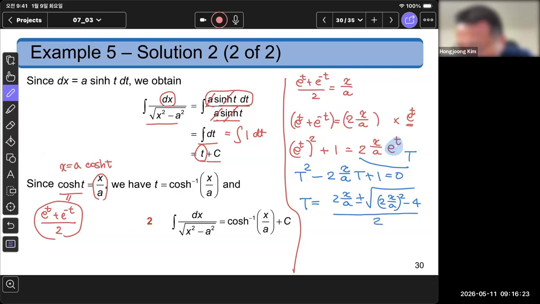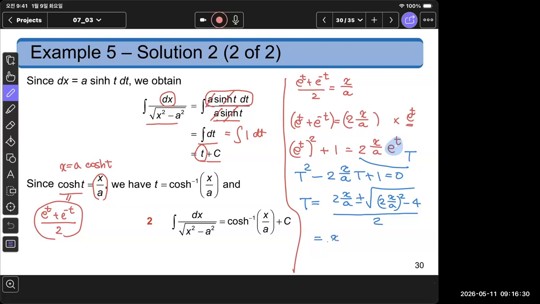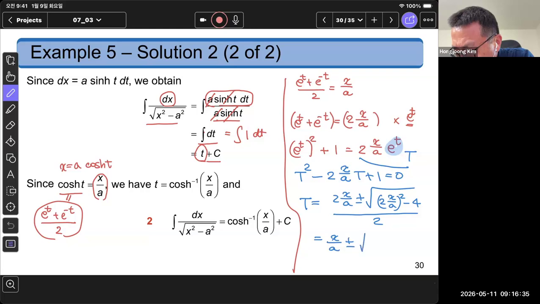Okay. So if I cancel 2 from the numerator and denominator, we get x over a plus or minus square root of x over a squared minus 1. Okay. Do you follow me up to this? Now, what is T? That is e to the t. Now, I know that e to the t is positive.